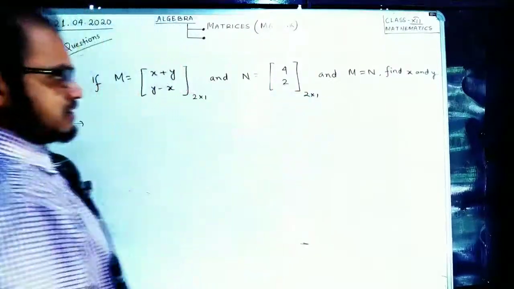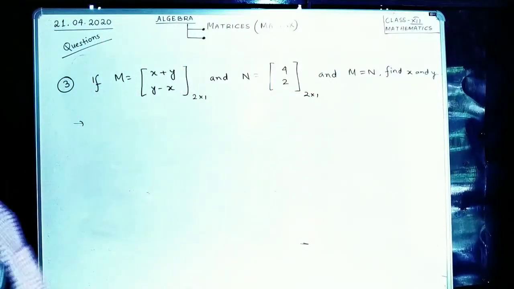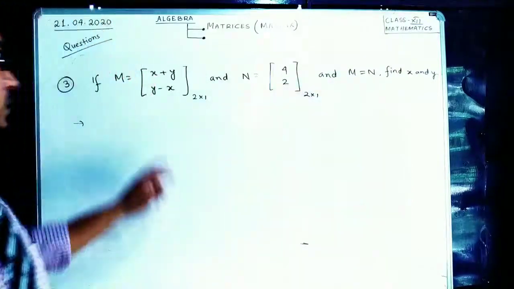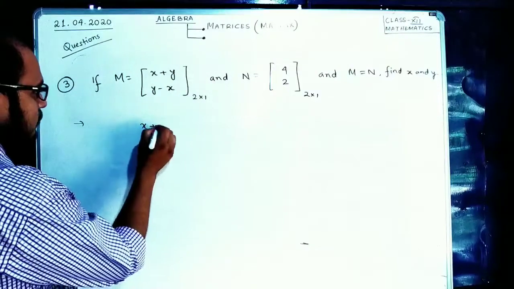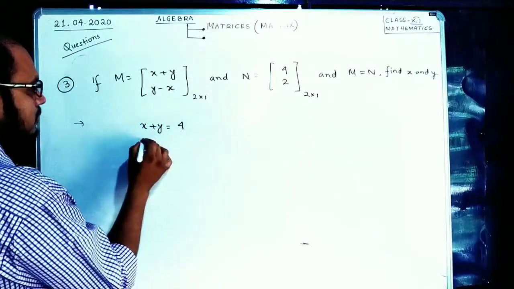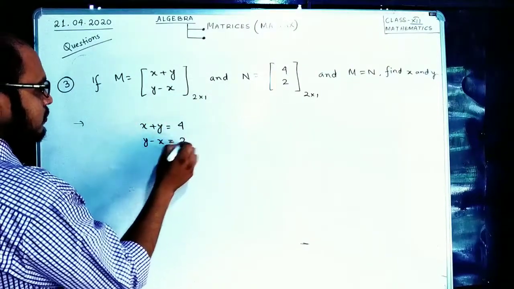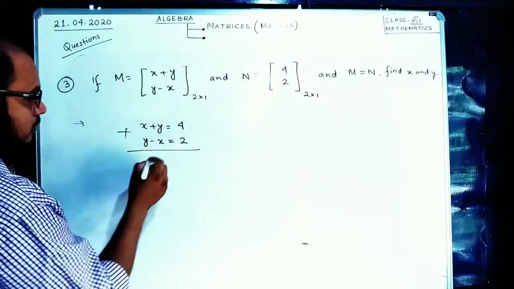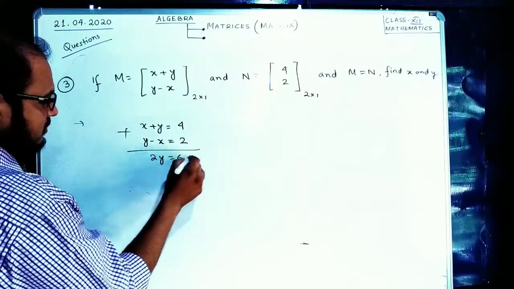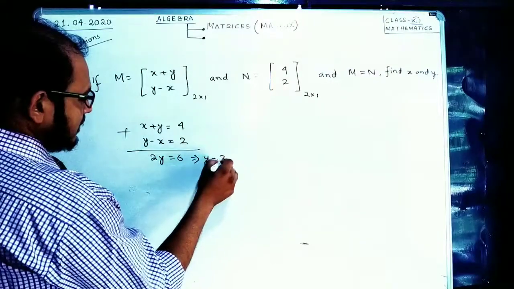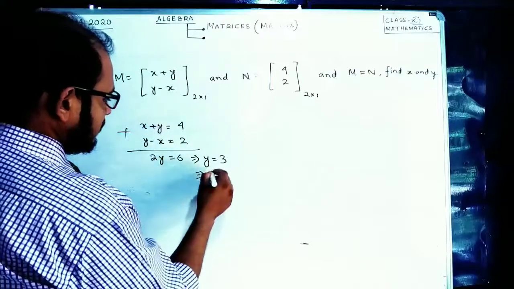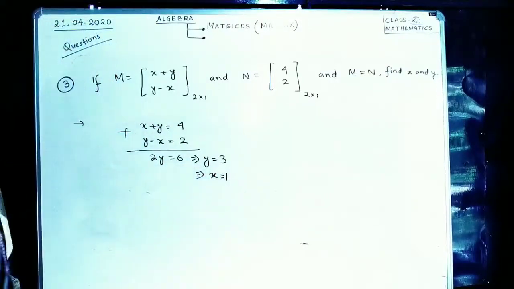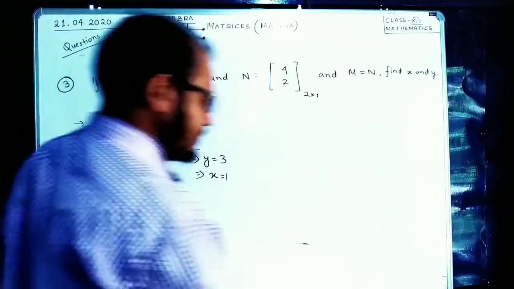So the first criteria is fulfilled, and it's saying that m equals n. So corresponding elements must be equal. So we have to say that x plus y equals 4 and y minus x equals 2. If you add these two, you will get twice y equals 6. That gives you y equals 3. That implies if you put y equals 3 in any of these equations, you will get x equal to 1. So x and y have been found.